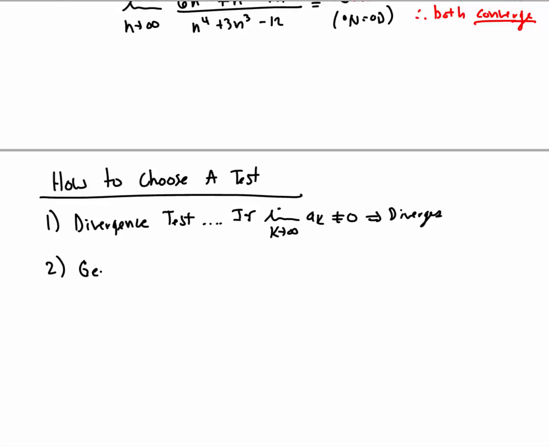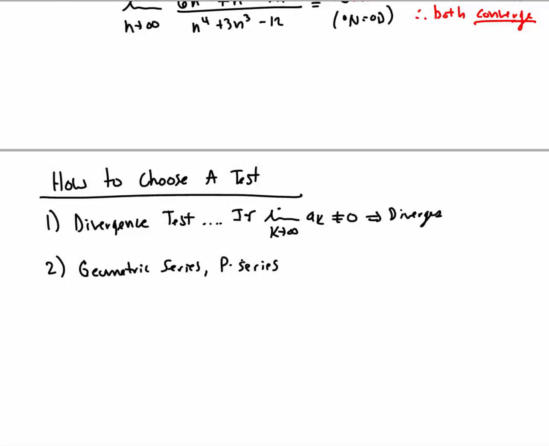Then I look to see real quick, is it a geometric series? Or can I put it in a geometric series form with a quick rewrite? That would make this pretty easy. Another easy one would be a p-series. They're easy to recognize as well. So picking off, like I said, the low-hanging fruit of the geometric series or the p-series would be a good idea.